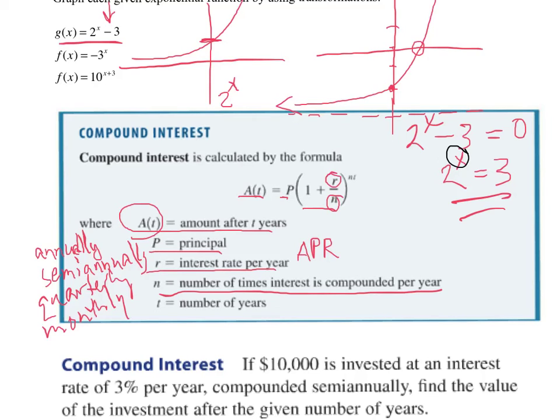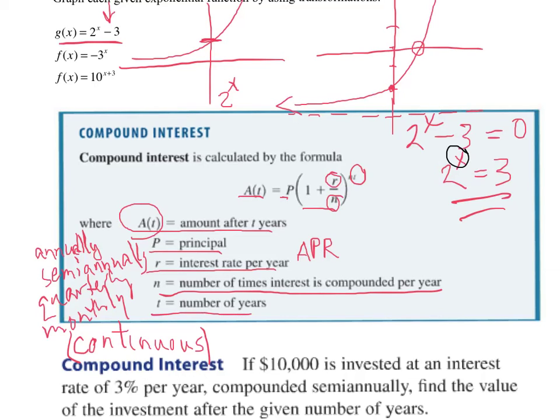In a later section we'll learn about something called continuous compounding, which I don't know of any banks that offer, but we can certainly study it, and we'll look at that later. And then the other variable in here is t, and t is the number of years.